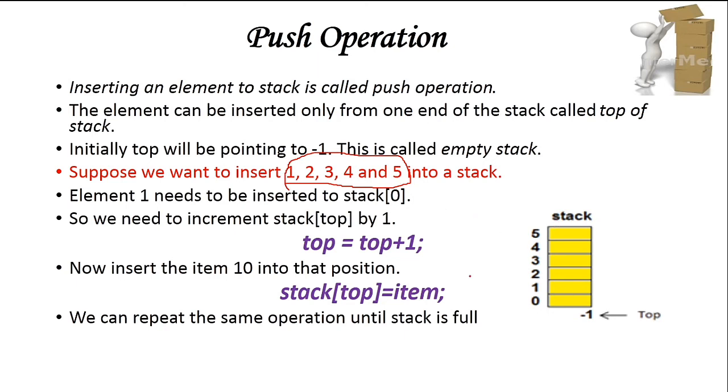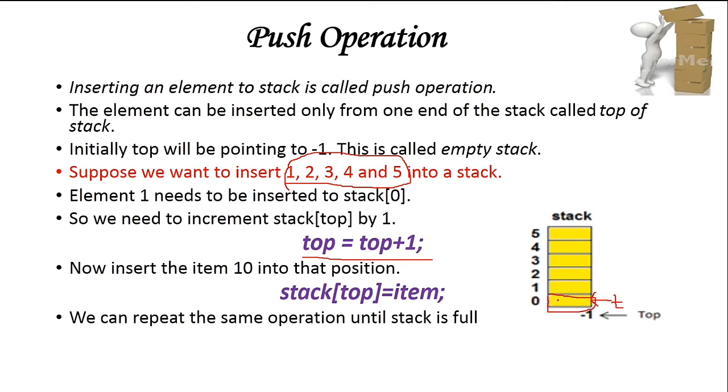Okay, so how can I do that? I will do it by initially incrementing the top pointer by 1. So my top will be pointing to the 0th position. How can I do that? top = top + 1. So that top will be pointing to the next position. Now this position became stack[top], right?